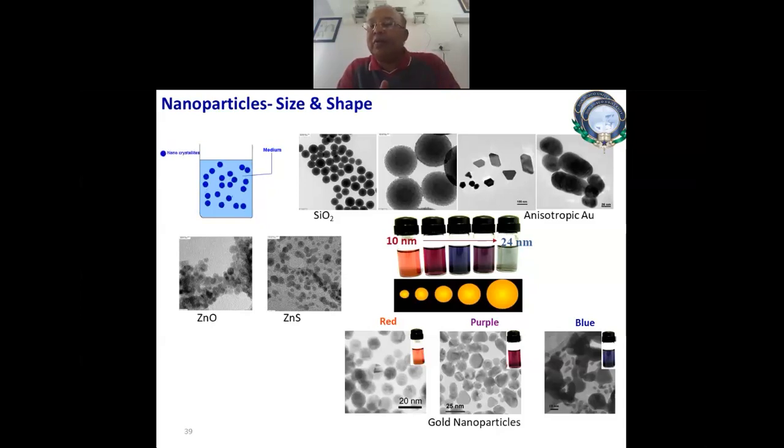The chemicals that you're putting in, the concentration plays a role. The pH of the solution we are making the particles. You know about its pH, right? It basically relates to the acidity or the basicity of the solution. So, the pH value is a negative logarithm of the hydrogen ion concentration. You can check out pH if you don't know on the internet. Okay, so that's very basic school level chemistry.